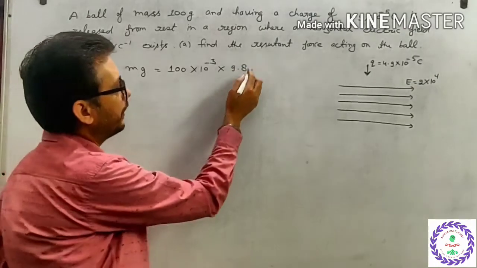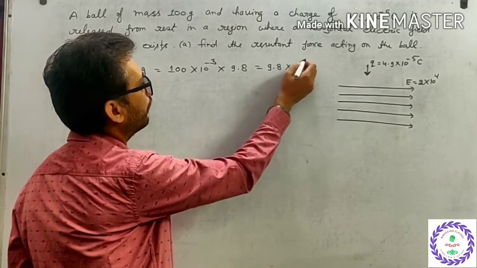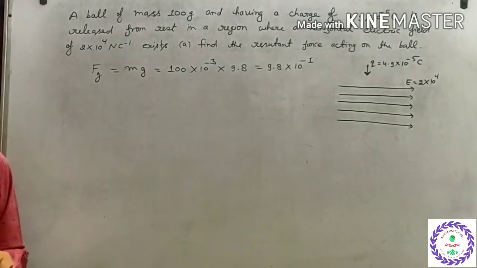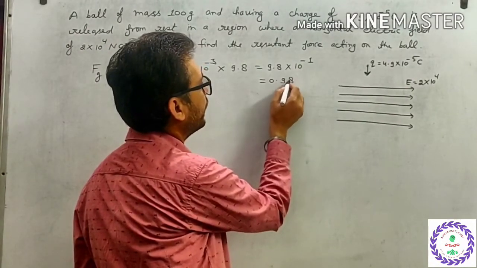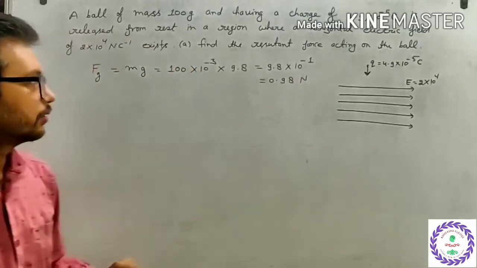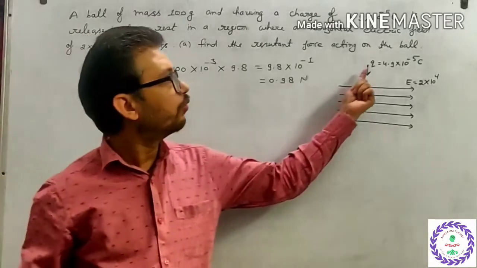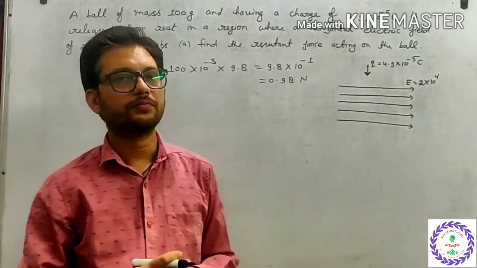So it can be written as 9.8 × 10^-1, or you can write 0.98 Newton. So this will be the force of gravity or weight due to which this charge will come down.